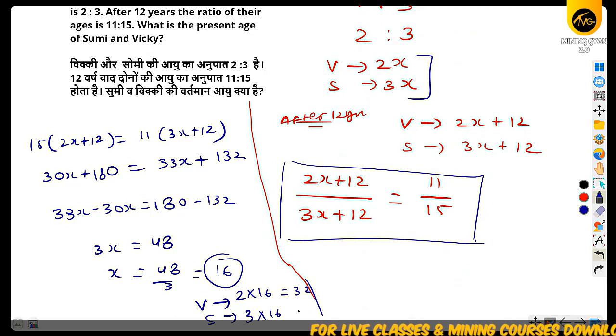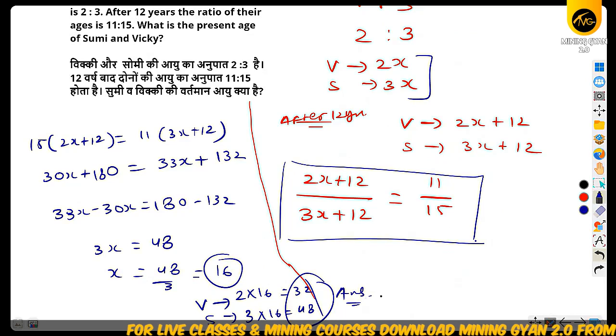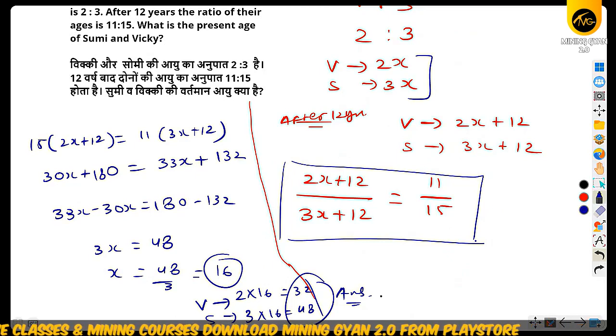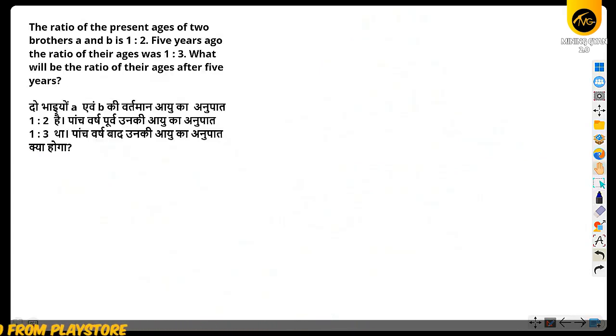This is 32 and this will be 48. So this is the answer of the question. Somi's age will be 48 years and Vicky's age will be 32 years. And if you want, you can also find out the ratio of their ages.